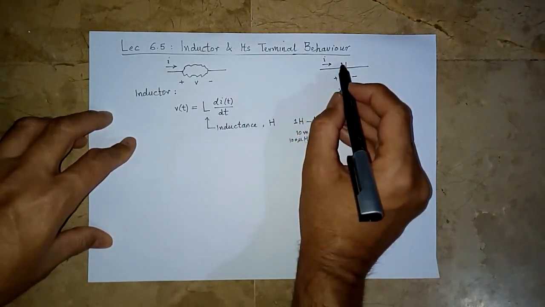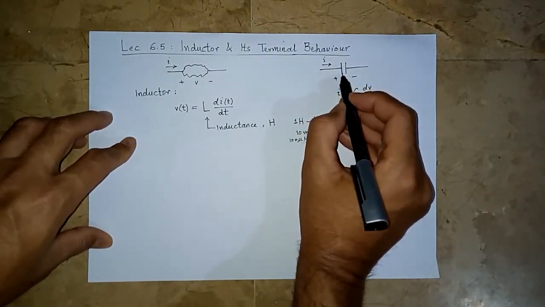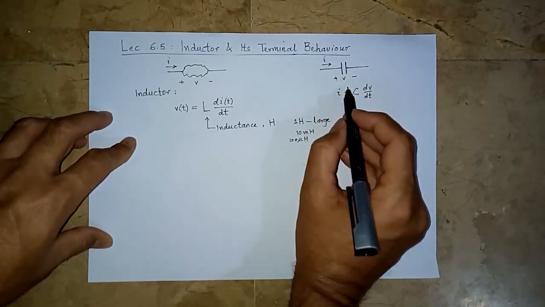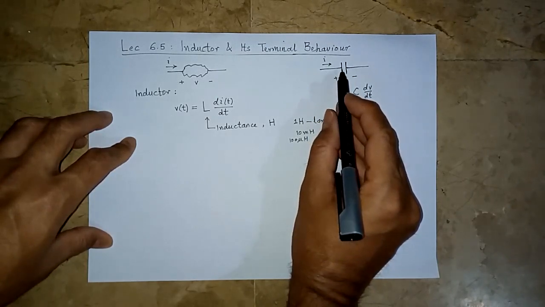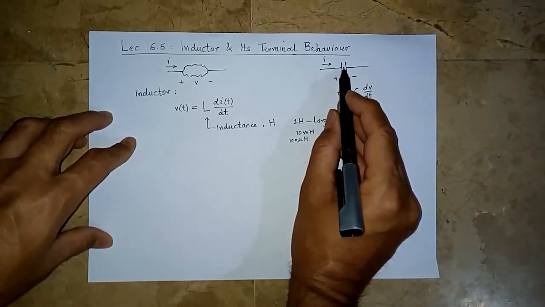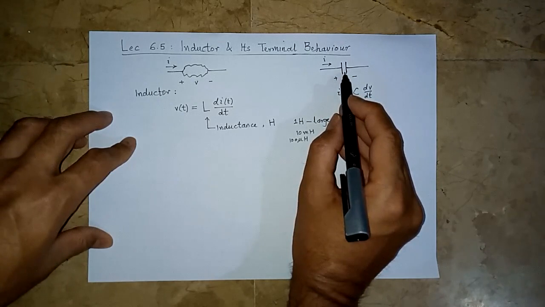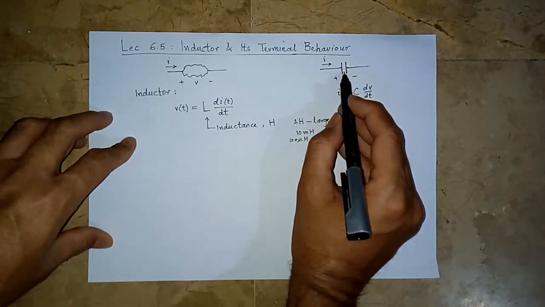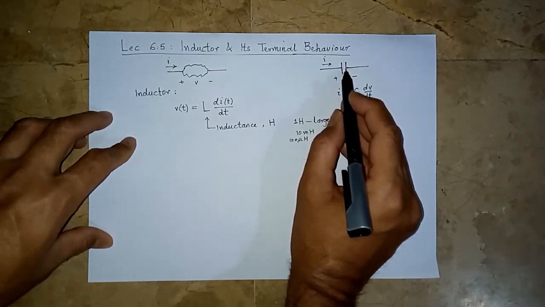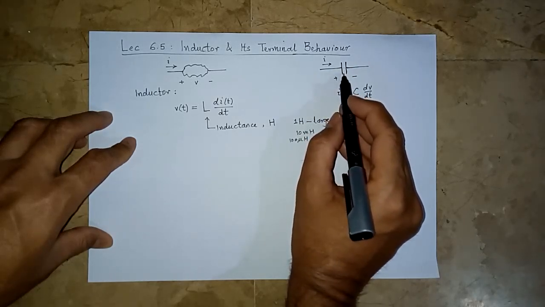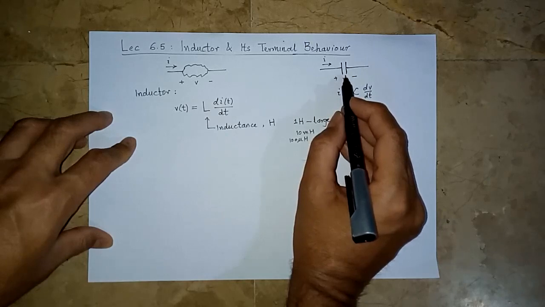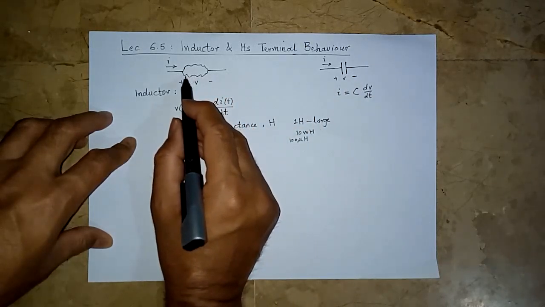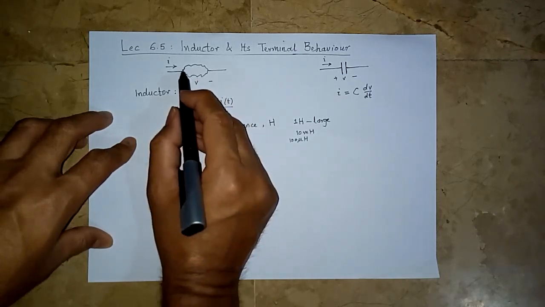Just like in the case of a capacitor, we used these two parallel plates to signify that a capacitor is constructed by using two plates that are separated by a dielectric material, and the energy is held within the electric field between the two plates. Charge accumulates on the plates and is separated. There is a displacement current in the dielectric, and so on. Similarly, we have science going on here as well.